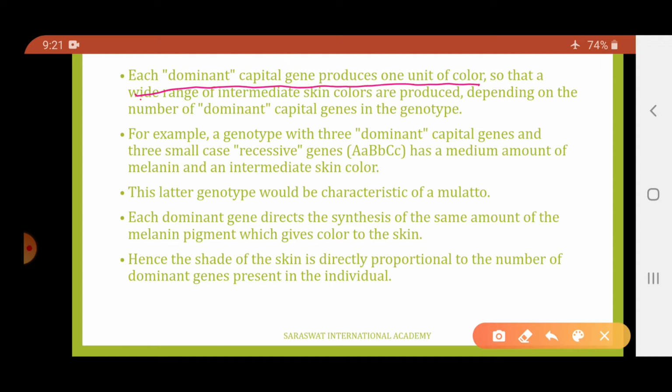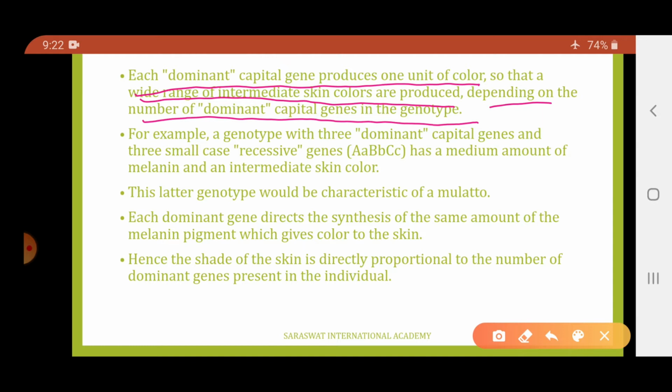So intermediate skin colors are produced depending on the number of dominant capital genes in the genotype. Each dominant gene will produce a particular amount of melanin.